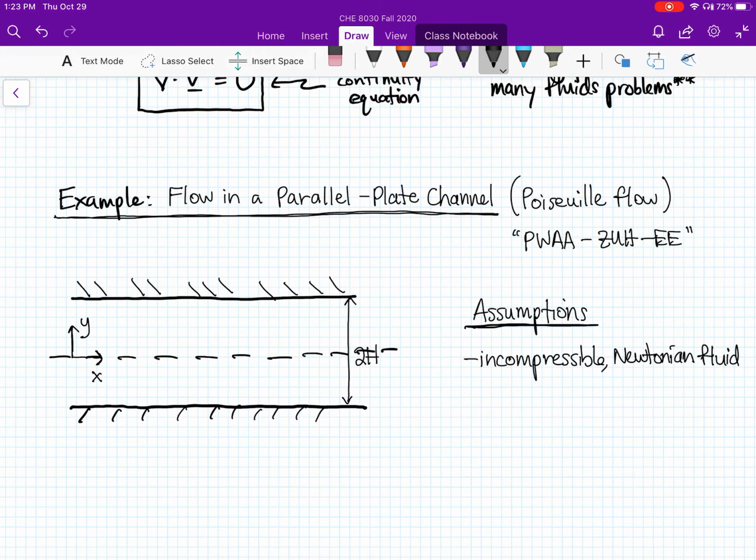We are also going to assume that we only have one-dimensional flow. That is, we have flow in the x direction where that velocity is a function of y. And we will also assume that we have steady flow.